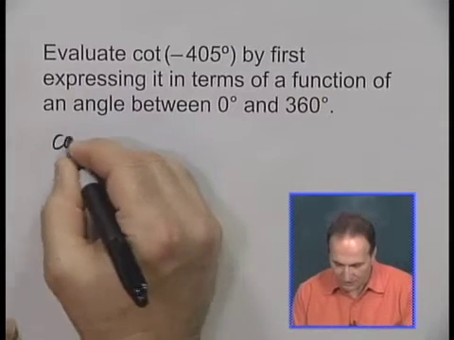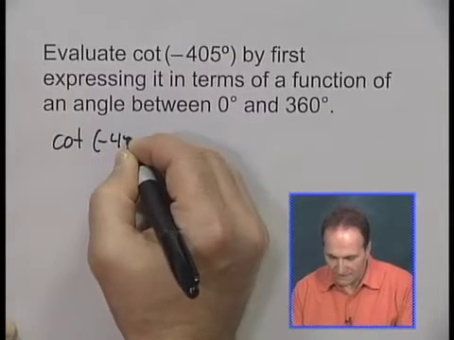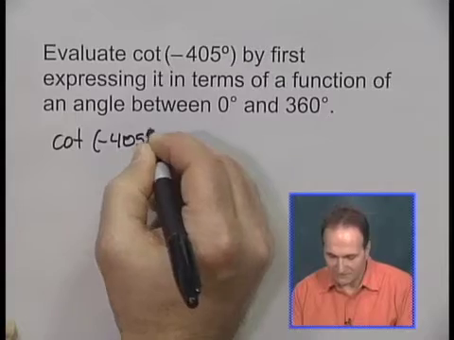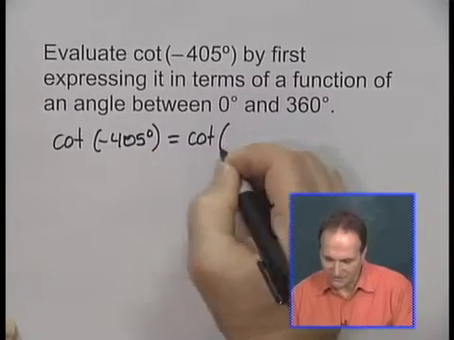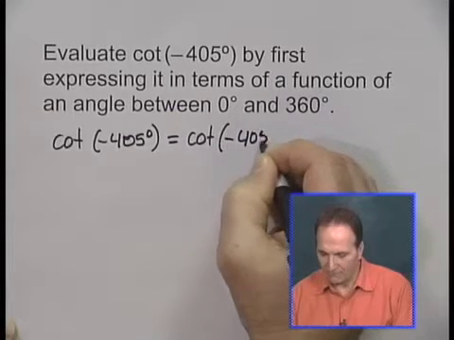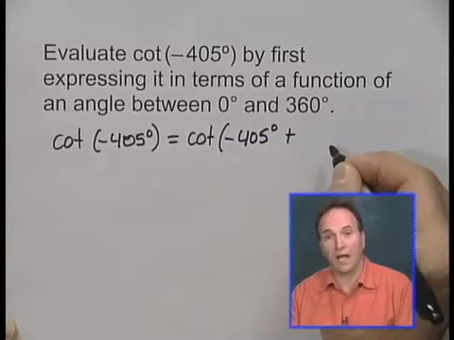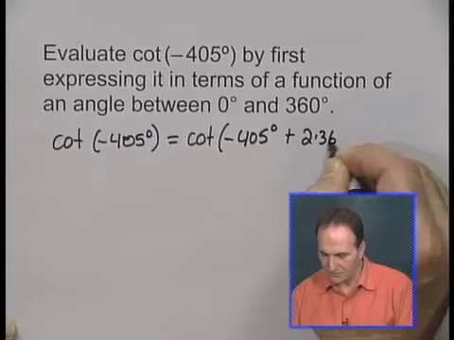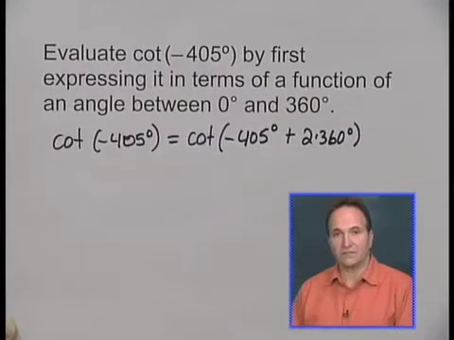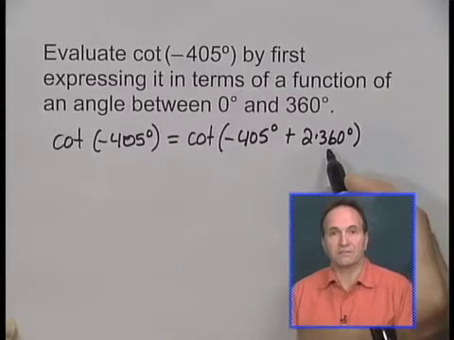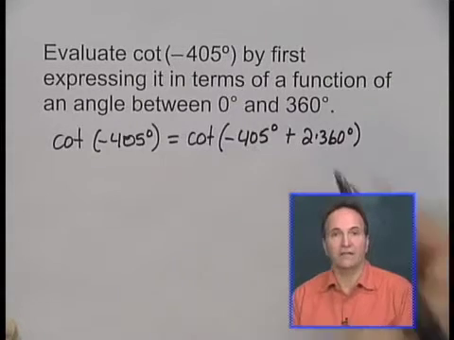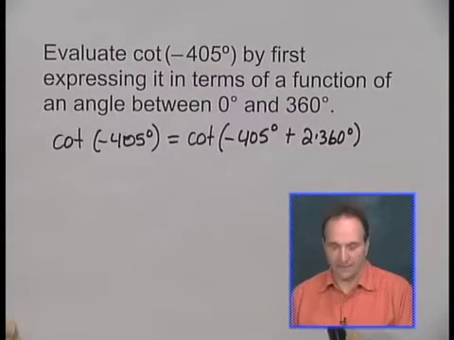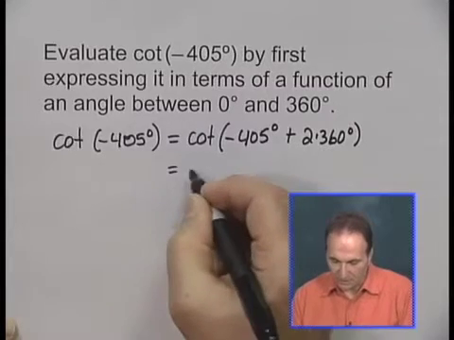So we write that the cotangent of negative 405 degrees is equal to the cotangent of negative 405 degrees plus 2 times 360 degrees. 2 times 360 is 720, added to the negative 405 is equal to 315. So this would be equal to the cotangent of 315 degrees.